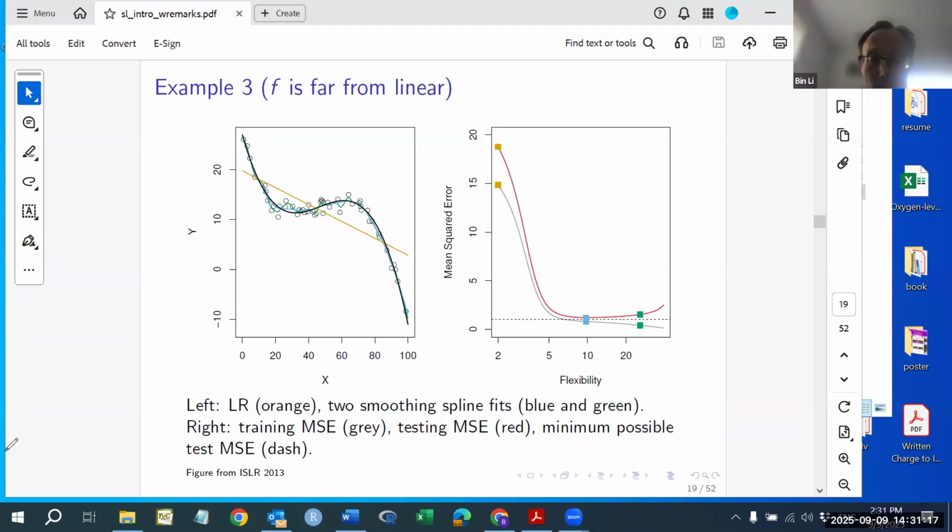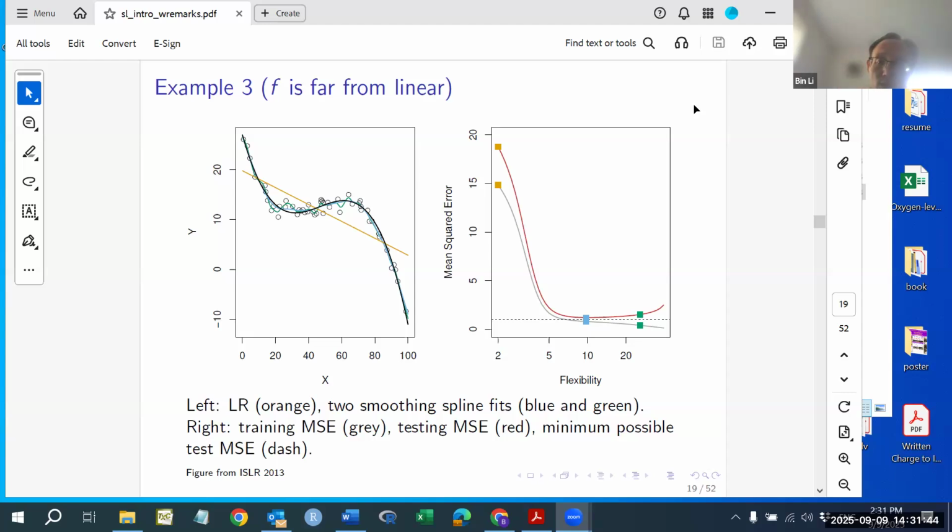The variance of the model is related to how stable that model is. If we slightly change the data set, will that cause a big change of the model or not? If the model is very complicated, a tiny change of the data points will cause a very big change. And that makes sense, right? So that's the variance of the model.